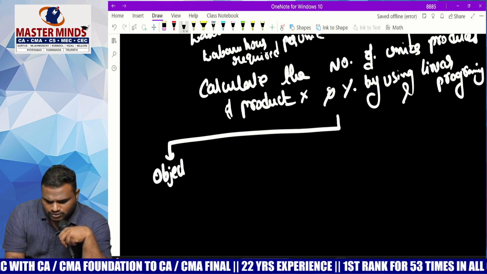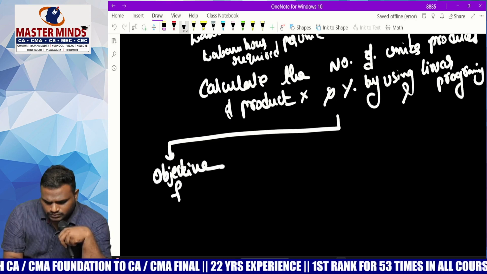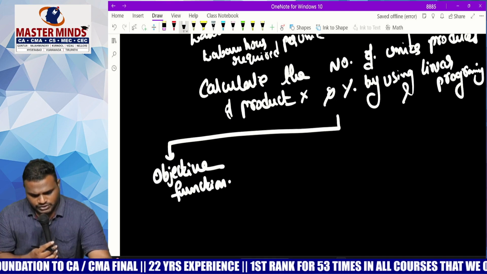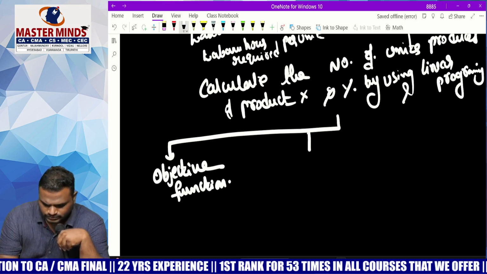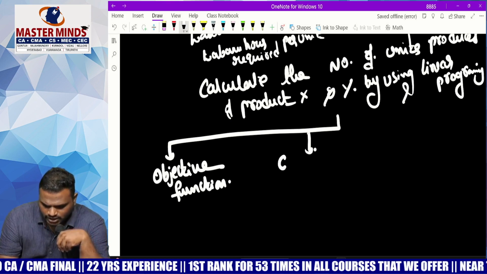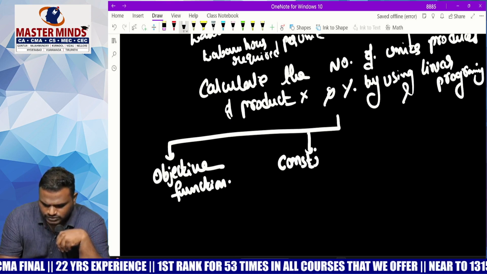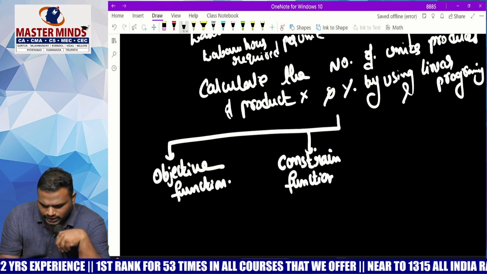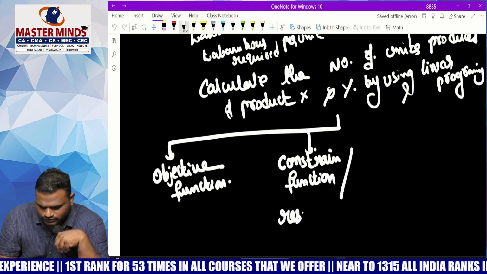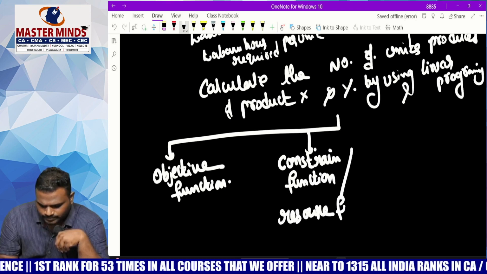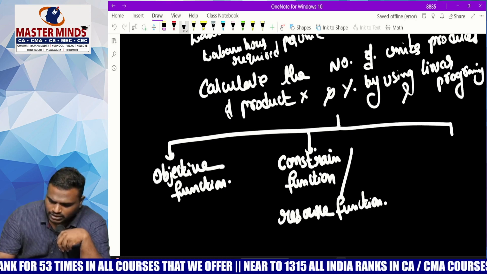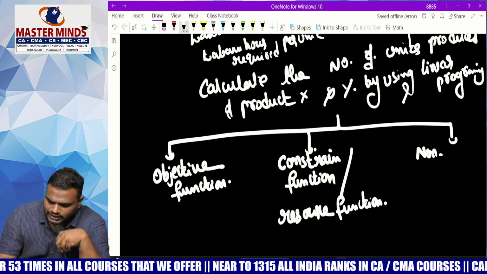The second set of equations is the constraint function. We call it the resource function also. And the third one is the non-negativity equation.